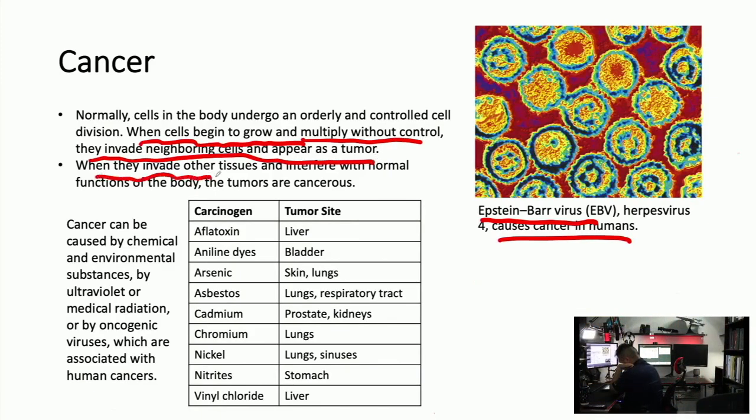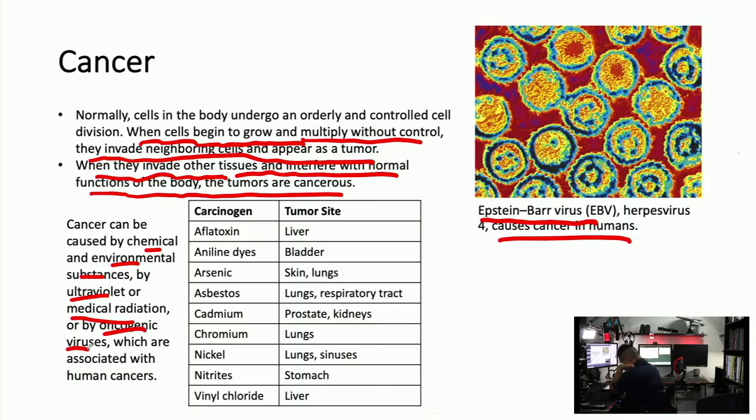When they invade other tissues and interfere with normal functions of the body, tumors are cancerous. So cancer can be caused by chemicals, environmental substances, ultraviolet light, medical radiation, and also oncogenic viruses.